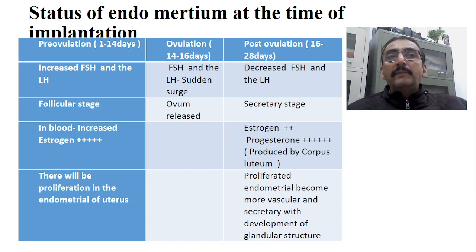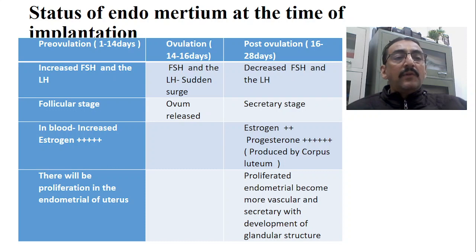FSH and LH are very important for ovulation. Once ovulation occurs, there is no role of FSH and LH, and they start decreasing. That means in the post-ovulation period there is a decrease in the FSH and LH levels. So this is what happens at the hormonal level. Therefore, in post-ovulation, if fertilization takes place, the corpus luteum produces a lot of progesterone and pregnancy will be maintained. If it does not, there is no progesterone, and no FSH and LH also.